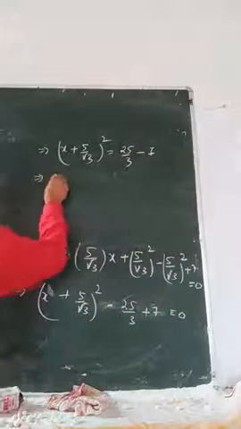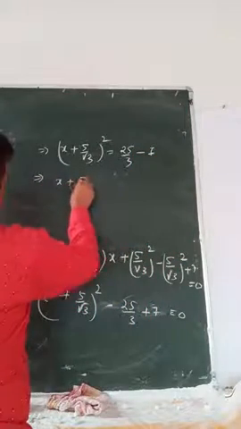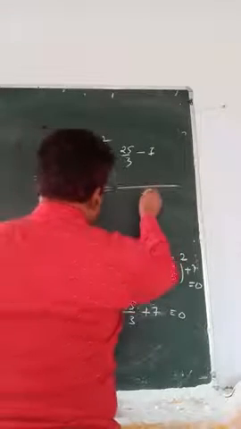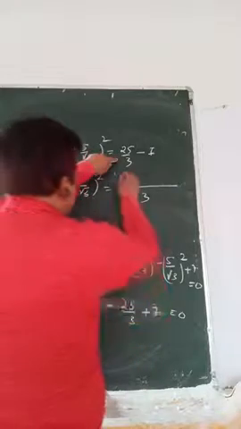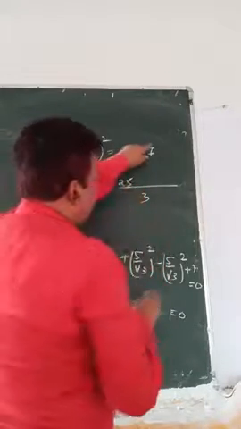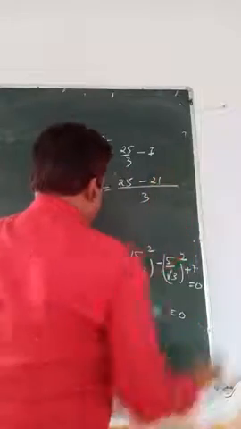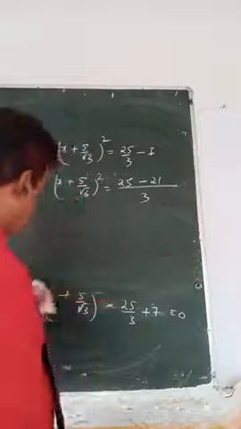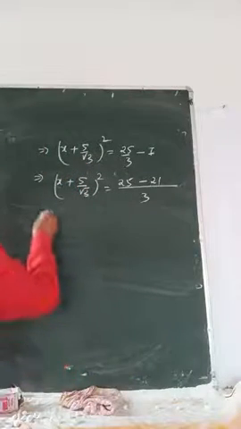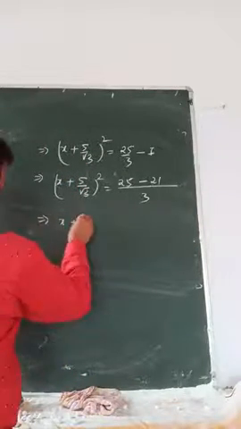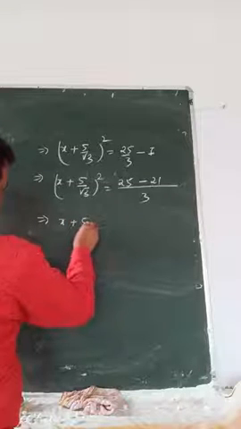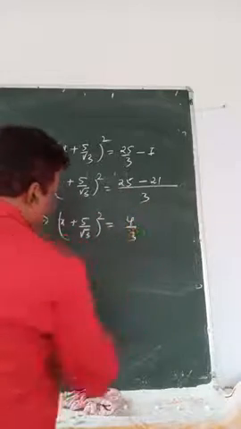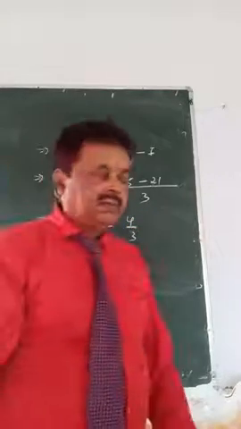This implies x plus 5 by root 3. LCM is 3. So this is 25. No denominator, multiply here 21. Okay. Implies x plus 5 by root 3 whole square is 4 by 3.